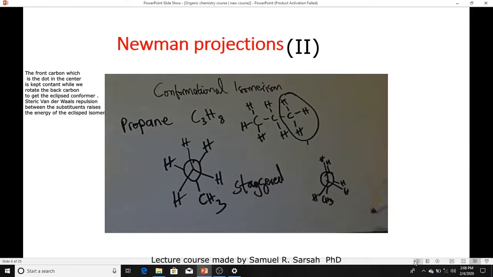Okay, this is an eclipsed conformation where the substituents are bumping into each other. And this is high energy, this is lower energy.